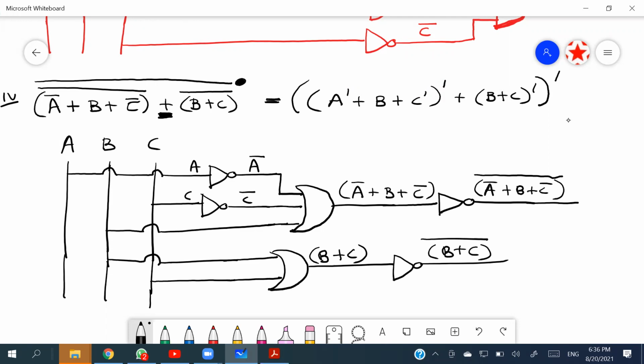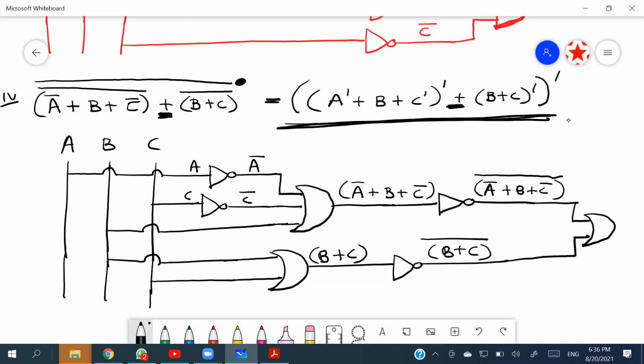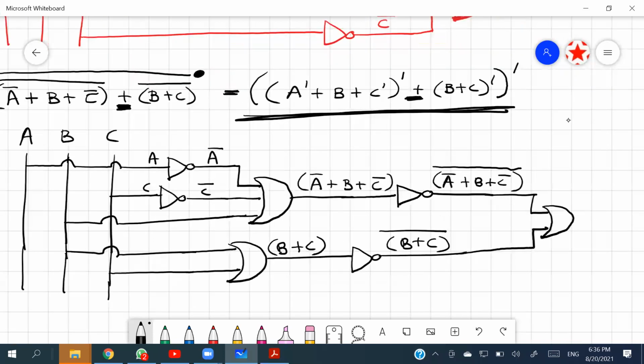So if you see this particular equation, you can see plus is inside the big bracket. So we have to concentrate on the plus first, right? So that means this will be sent through an OR gate first, right?